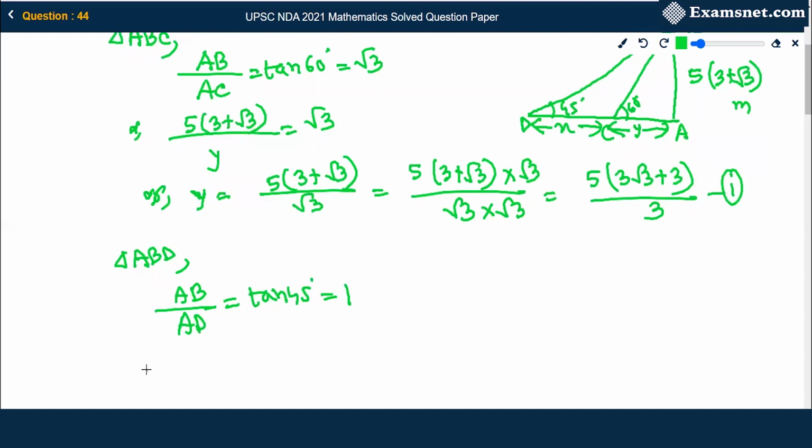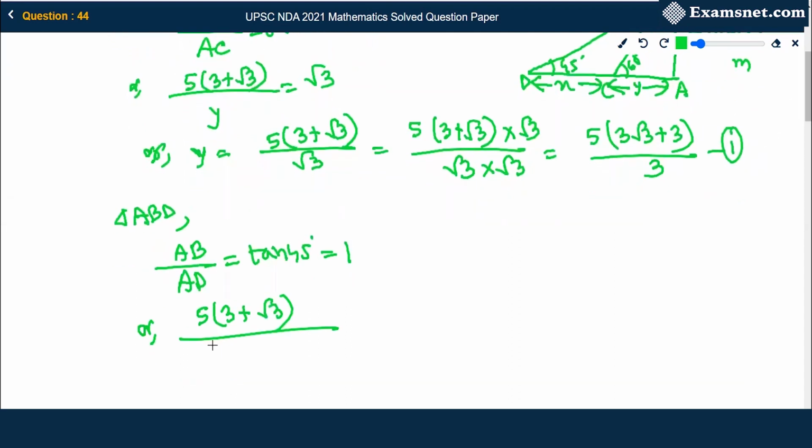So here AB, 5 times (3 plus root 3), by AD, which can be written as AC plus CD, correct? Also AC means y. We have already got the value for y. So AB by AC plus CD equals 1.